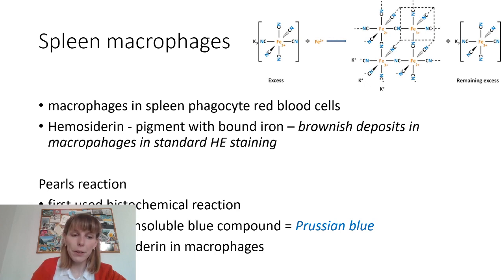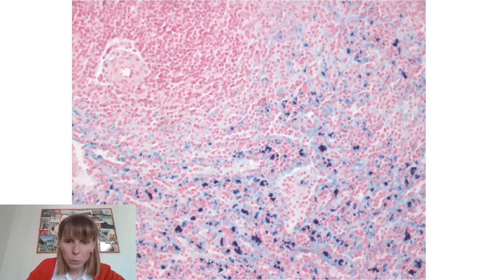Because there are a lot of iron cations, these ions will react with the stain and form Prussian blue, an insoluble blue compound, which will show you the macrophages. And because the hemosiderin is only in the macrophages, you will see them as the only blue thing in the tissue. So it would look like this.